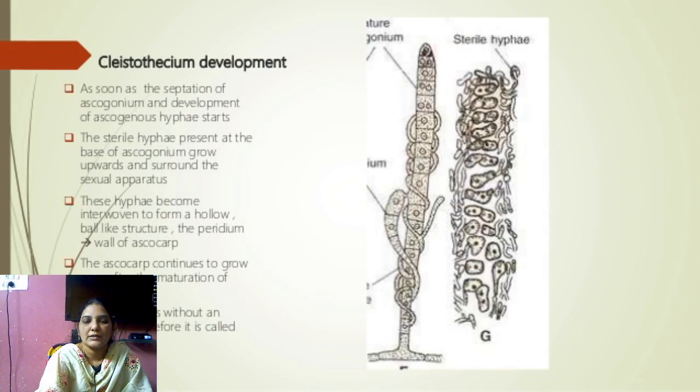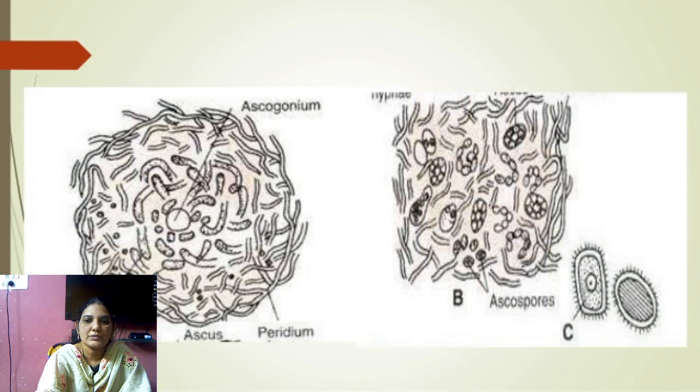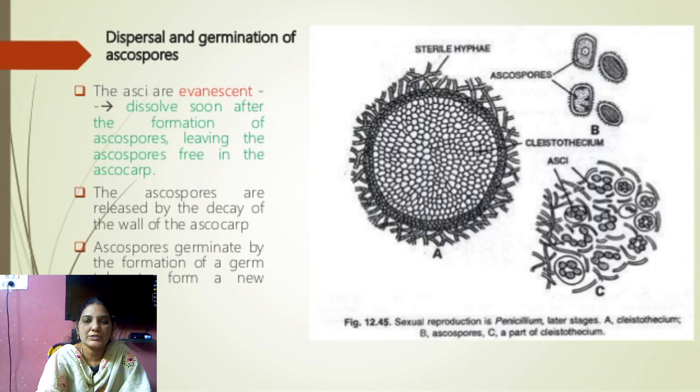Then each 2 nuclei fuse with each other and form a diploid nucleus, and it forms cell walls and forms chambers. Each chamber having one diploid nucleus is called an ascus, and the ascogonium outer layer forms so many layers and forms one round-shaped structure called the cleistothecium, with so many asci inside.